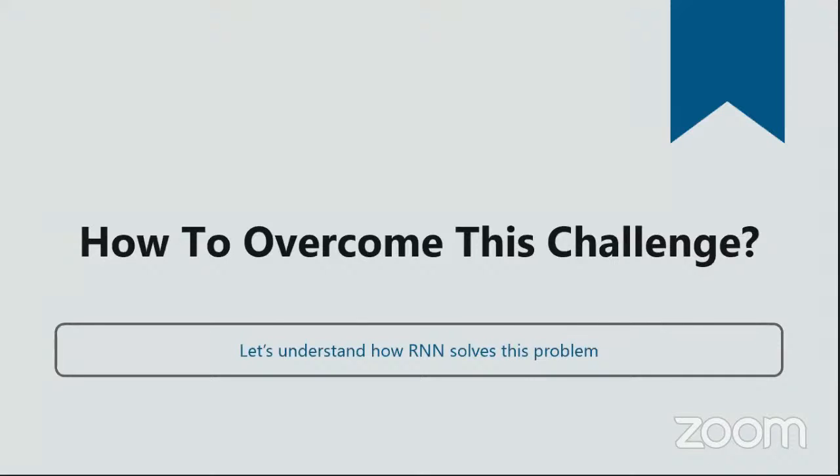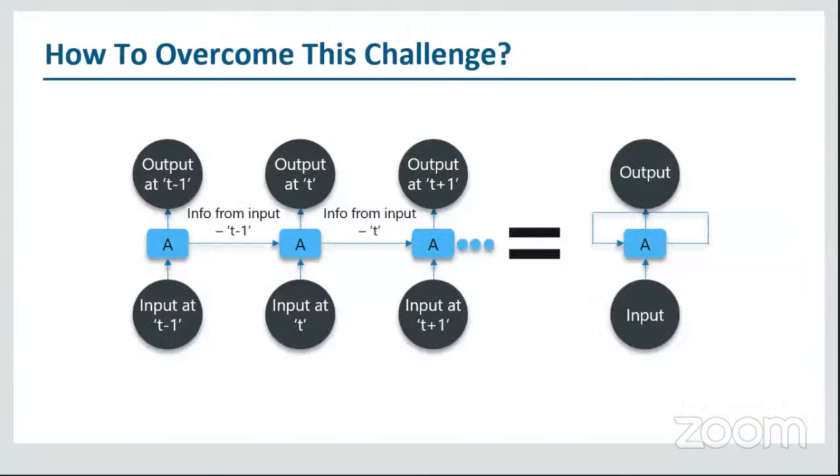Now, coming back to this challenge, how to overcome it, let's see. How do we do this? It's very interesting. You have various inputs: input at t, input at t minus 1, input at t plus 1. If I take this pen, this is at t minus 1, the word behind it, then the word itself, and t plus 1.